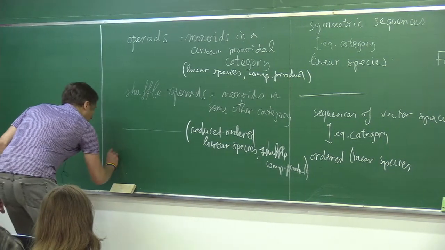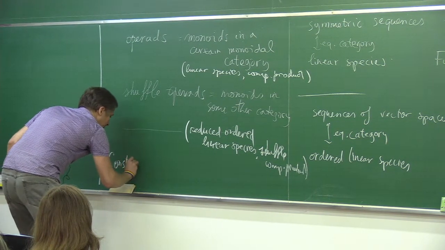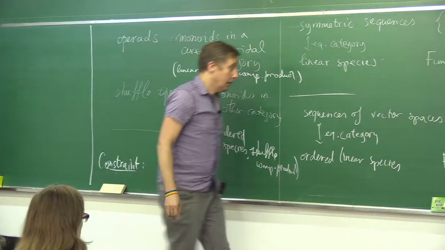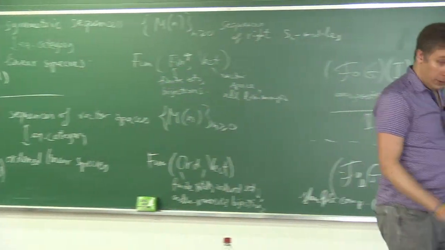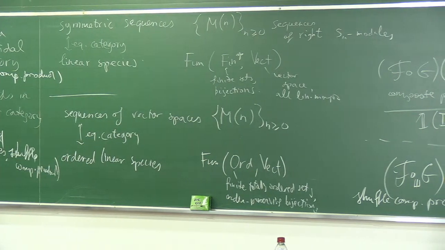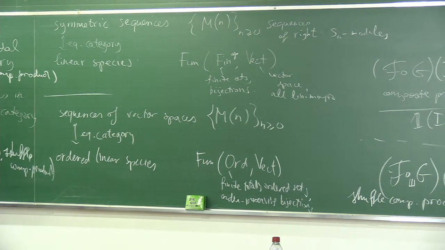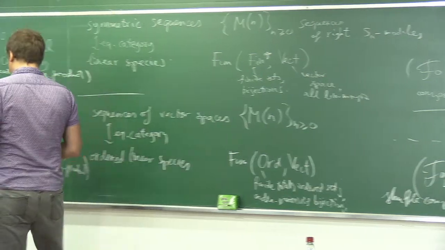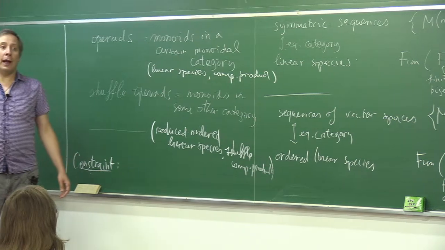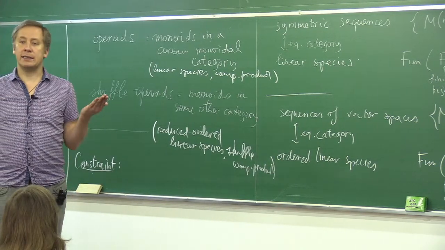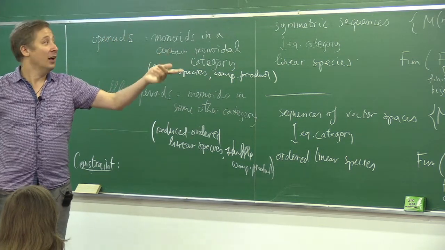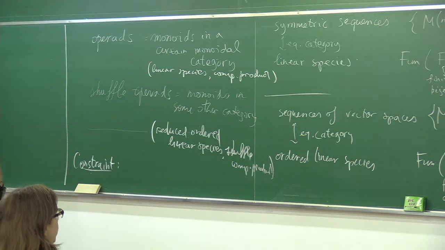So the constraint that we have is that we will generally consider varieties of algebras without constants in the signature, because a constant is precisely what lives in what will be assigned to the empty set.